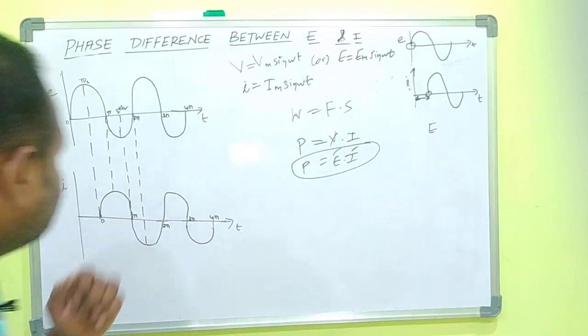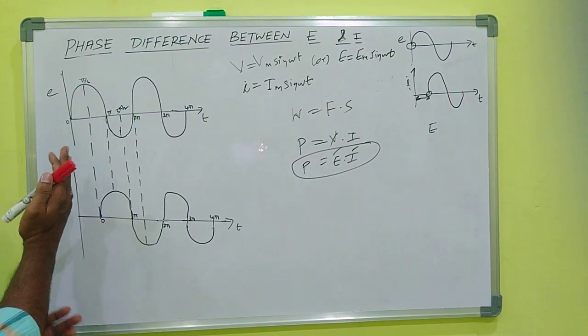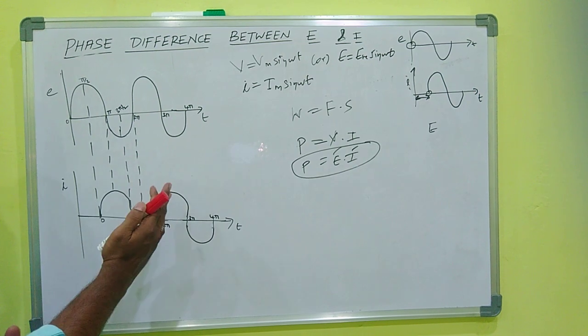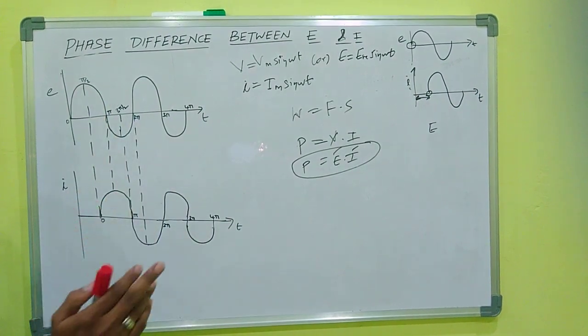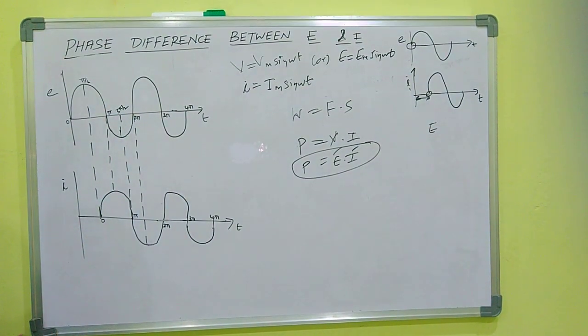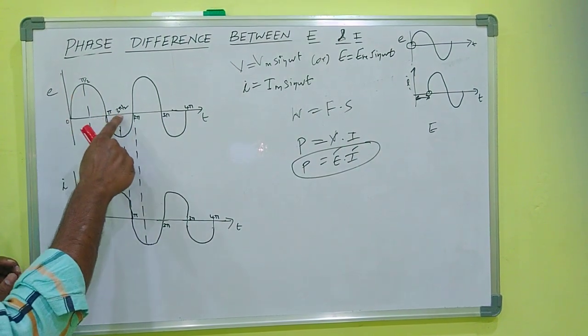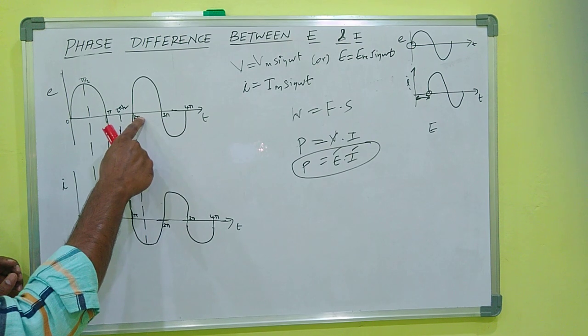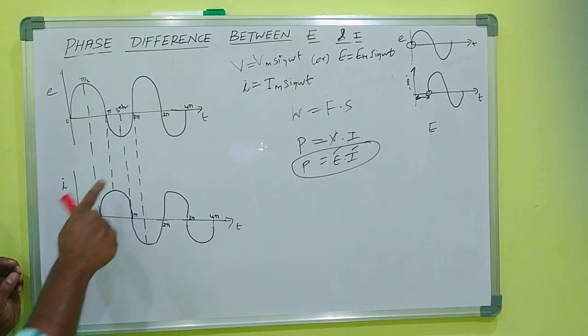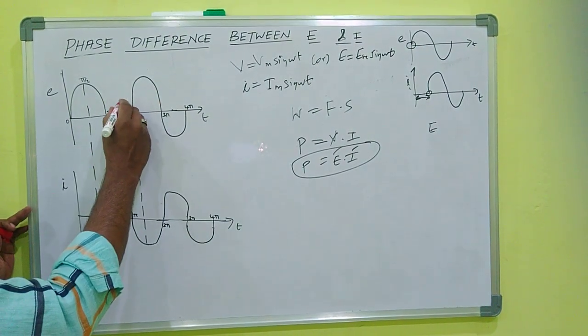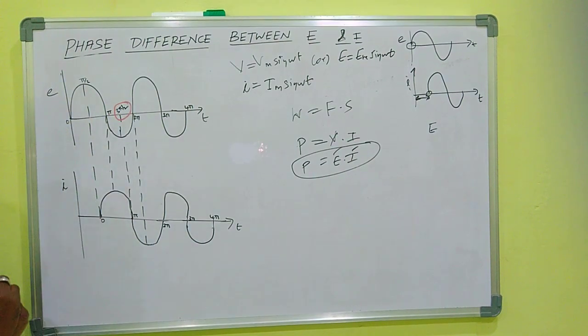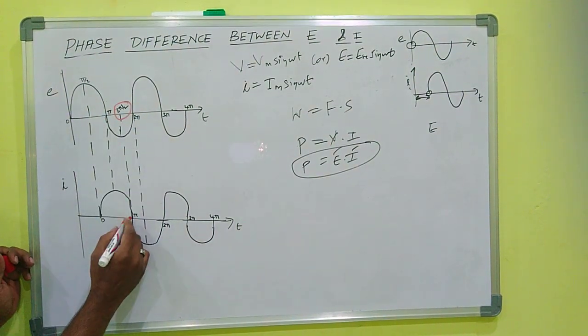We can measure at any point between these two diagrams to find out the phase difference. If we measure at this point, this is pi by 2, this is pi, then this point is 3 pi by 2, this is 2 pi, and so on. For example, this is 3 pi by 2 for EMF, then what is the value here?